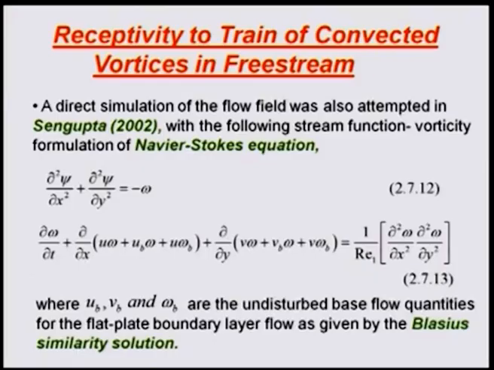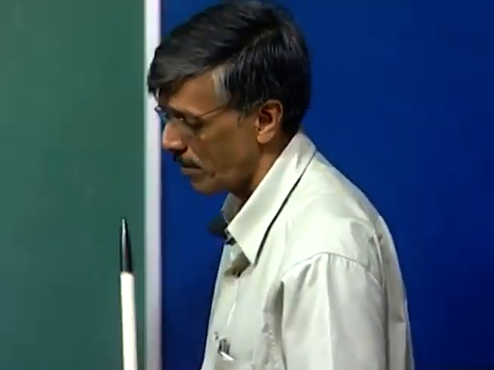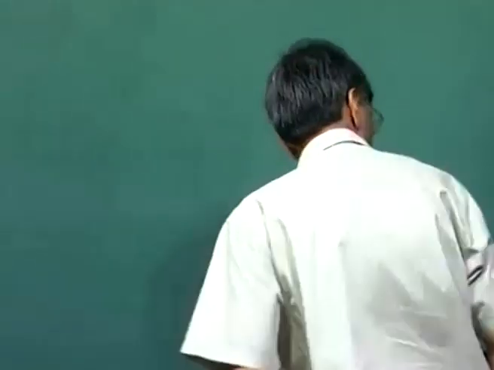So we can do this calculation. We only note that this equilibrium flow, we can take it up as the Blasius solution. We can compute it, we can take it also like that. Now what we do is the following.